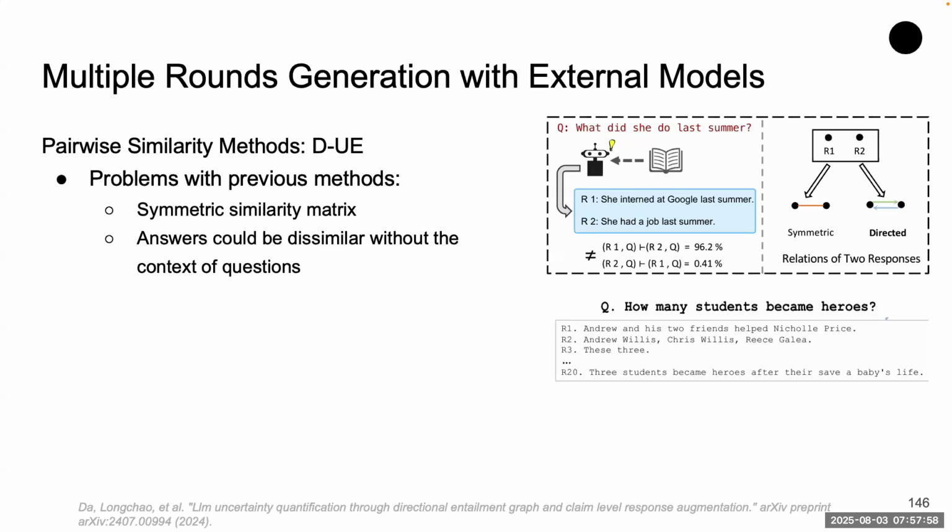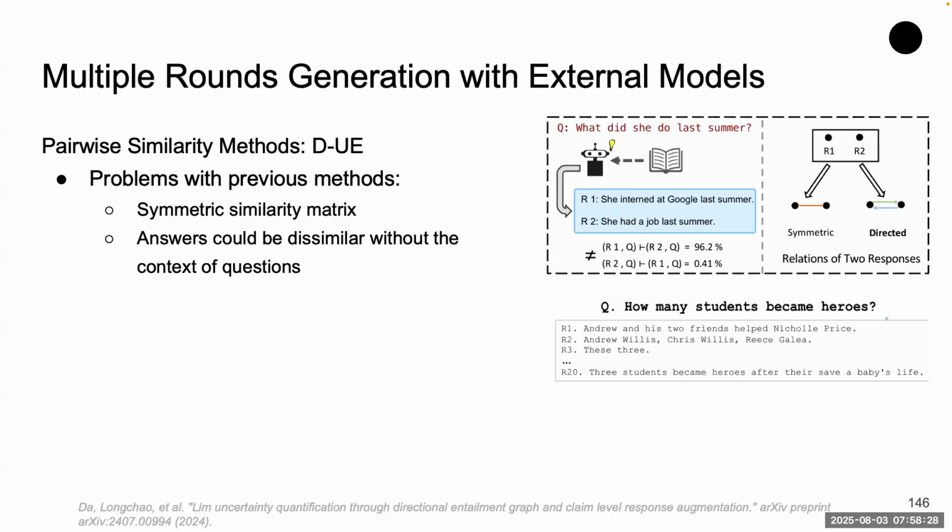And then, like I said, the problem with the previous method is that they're using a symmetric similarity matrix. Another drawback of the previous method is that they're calculating the similarity between two answers, but the two answers could be very different even though they're answering the same question. The word-level semantic meanings could be very different. Say for this example here, the question is how many students become heroes?